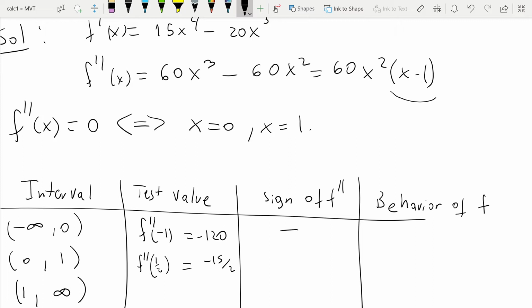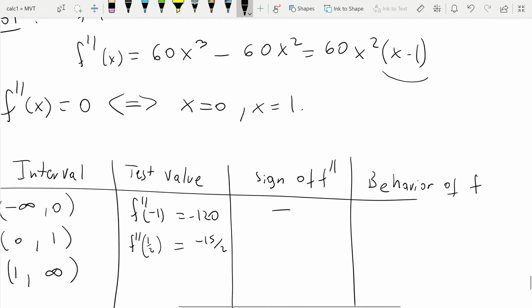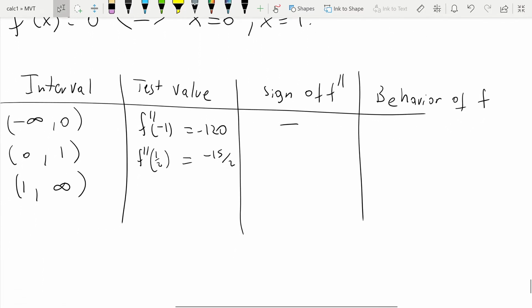And 60 is 4 times 15, so you can cancel out the 4 there, and you get minus 15/2. So again, the sign of f double prime is negative.